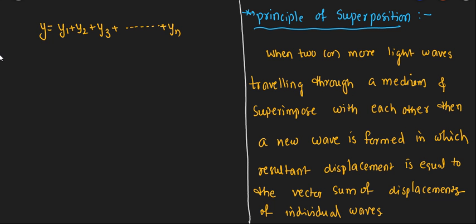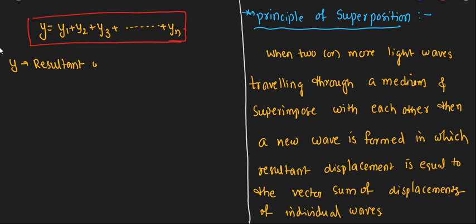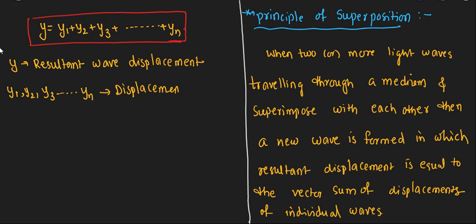This is the equation we get here. What is y here? y is the resultant wave displacement. y1, y2, y3 and so on up to yn are the displacements of the individual waves.